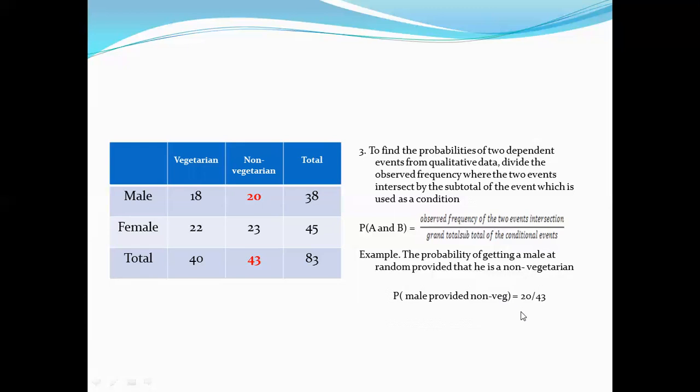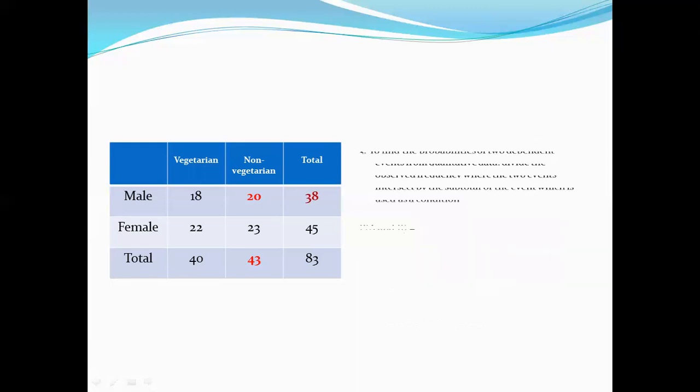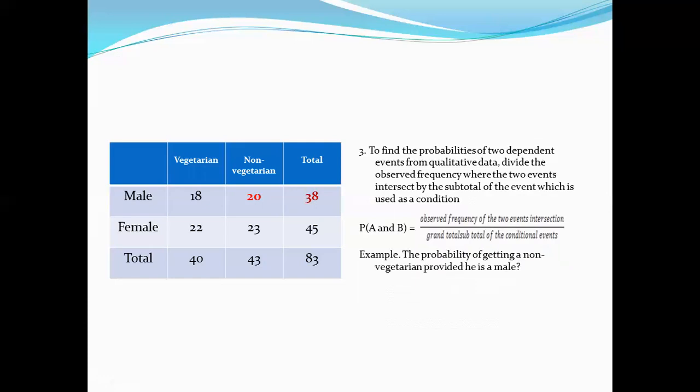So male provided non-vegetarian is 20 over 43. What if our problem is reversed? We take non-vegetarian provided he is male. The numerator is the same kind, but take note of the difference: the denominator would be the subtotal of male, because our conditional event is male. So this became the denominator.